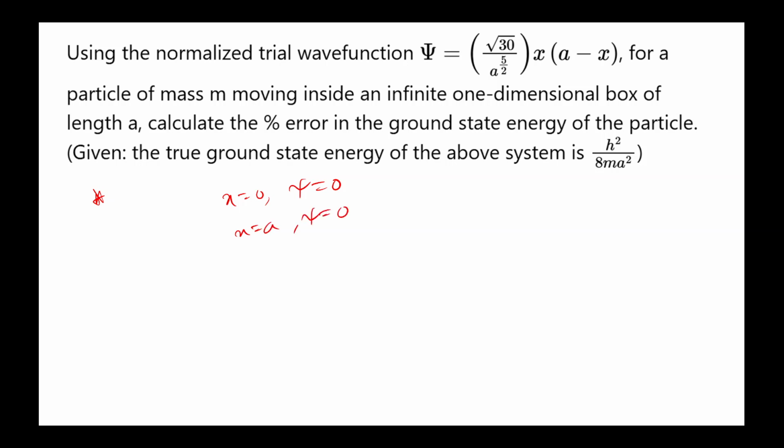So you cannot take any wave function, let's say x square or x cube plus 3x minus 6, because that will not follow the boundary condition, and that is not an acceptable wave function for a one dimensional box, where the wave function must vanish near the wall.